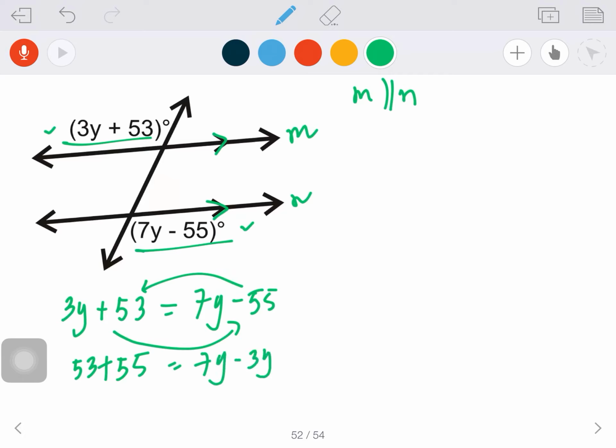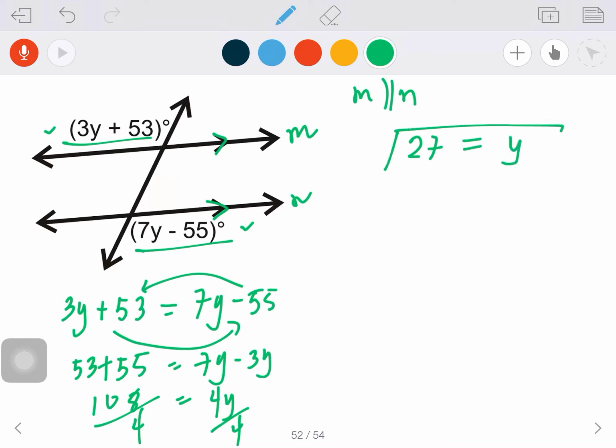So to continue, this would be 108 equals 4y. And we divide by 4 on both sides. Therefore, 108 divided by 4 is 27 equals y.